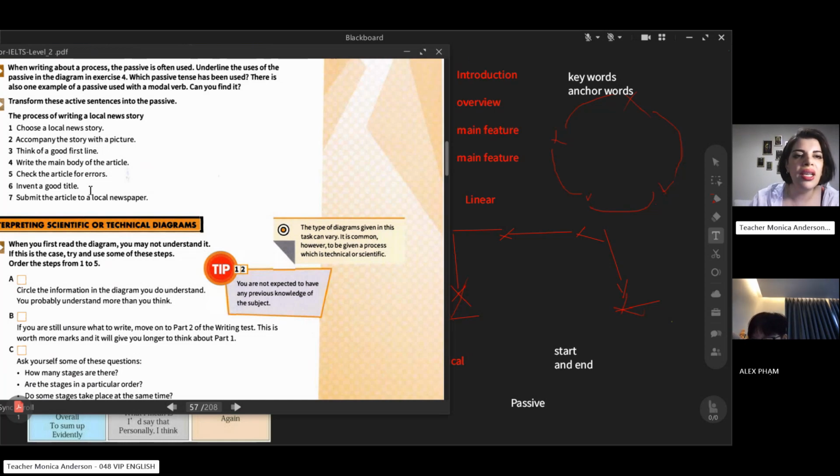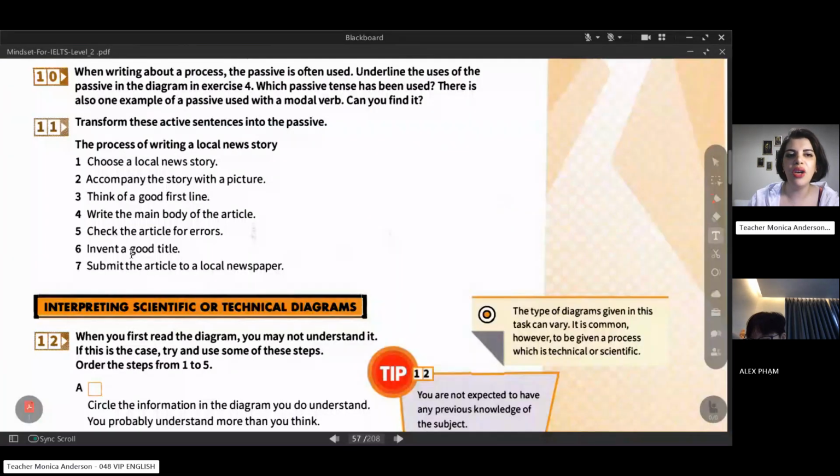And now, of course, here: choose a local news story. We're going to change them. Let's rewrite these sentences into passive. So number 1, choose a local news story. You want to transform it into the passive form.